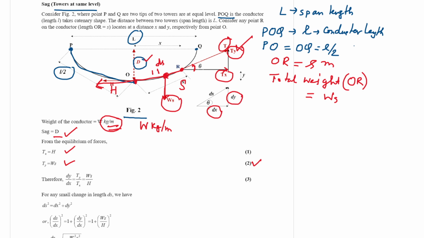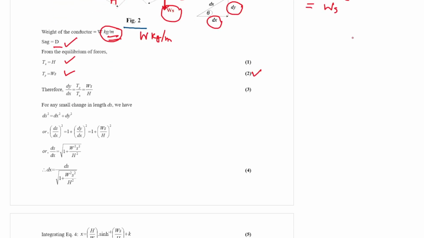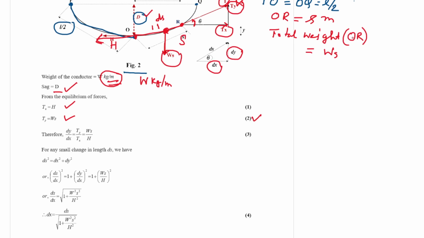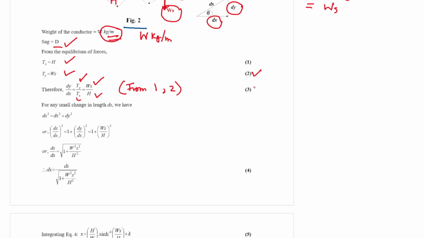So we can say dy by dx is equal to Ty by Tx. From equations 1 and 2, Ty is equal to Ws and Tx is equal to H. So dy by dx is equal to Ws by H. This is equation 3.